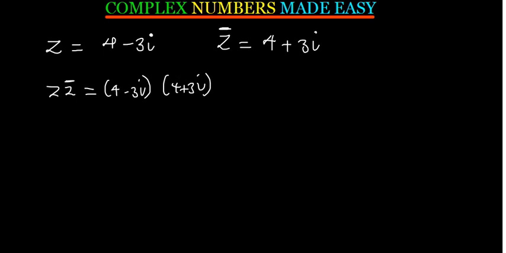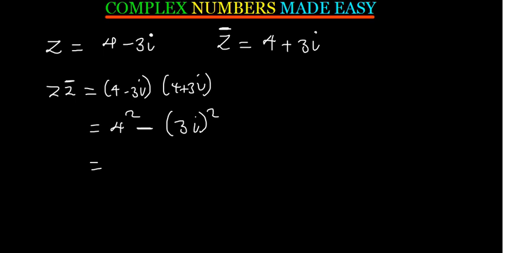When you're multiplying such a product, the difference of two squares, just get the first one, you square it. Always put a minus in the middle, always. Then get the second one, you square it.